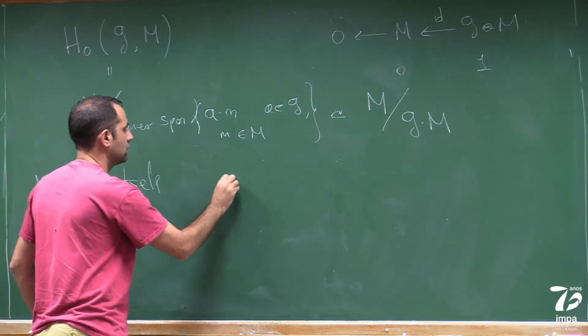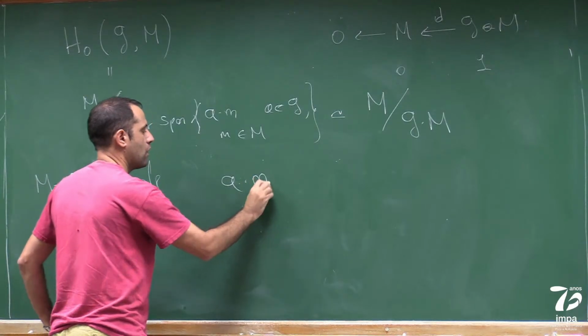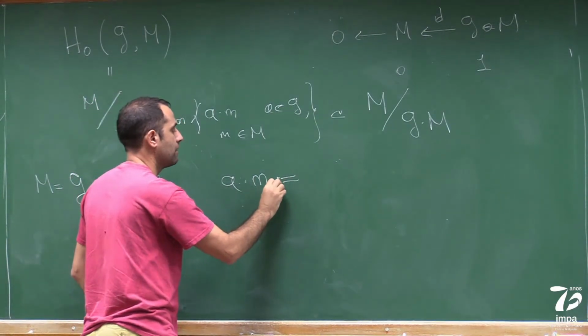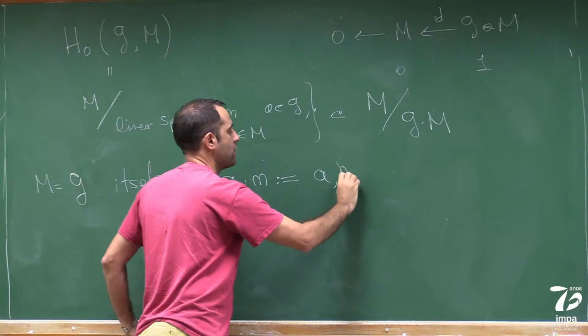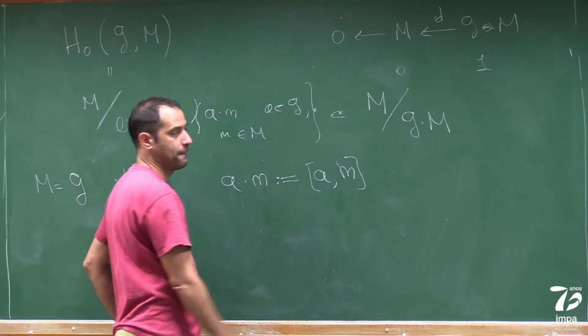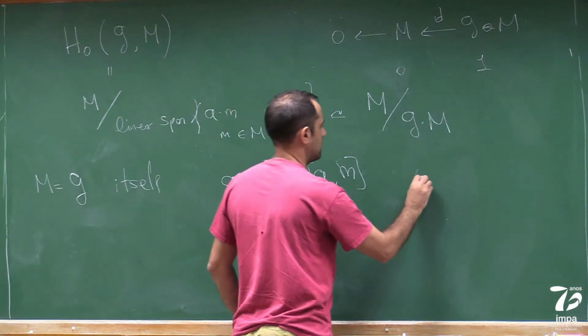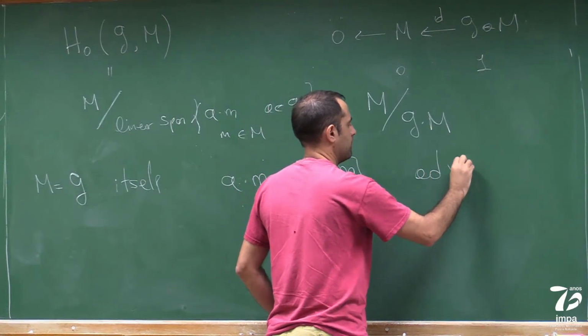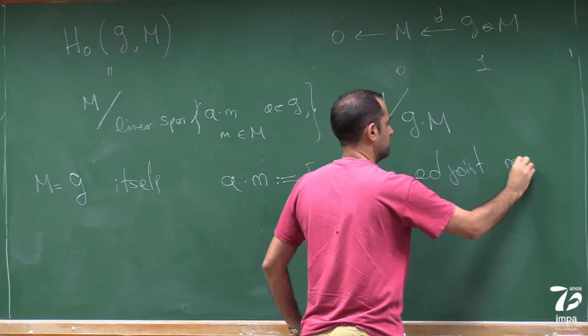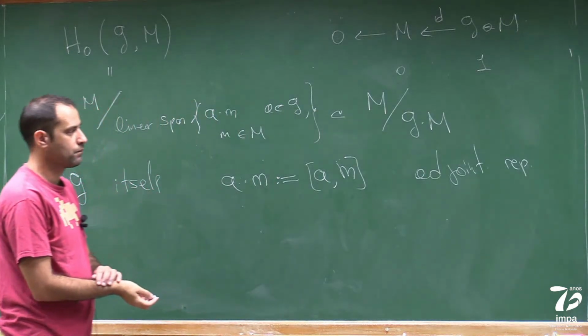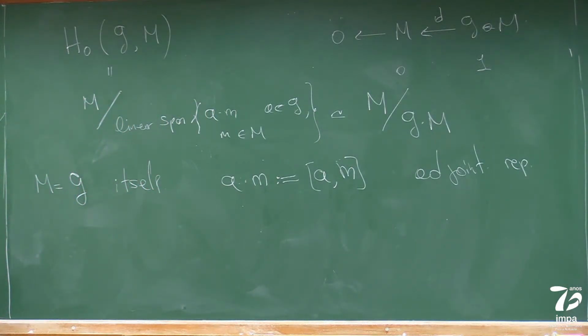And the action of A acting on M, I define to be the bracket of A with M. So this is called the adjoint representation. And the fact that this is a module is the Jacobi identity.